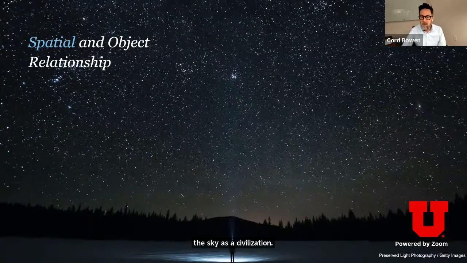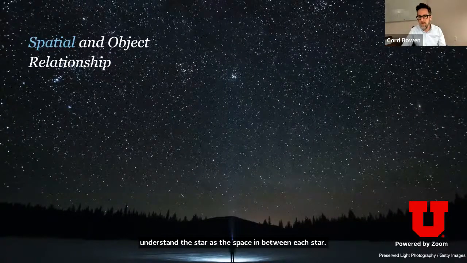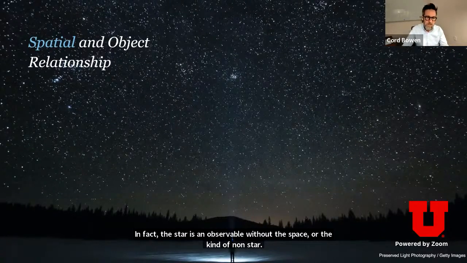But what I always argue to students is, as designers, I think that we have to be more spatial than the star. That the way to frame your role in society is to not so much understand the star as the space in between each star. In fact, the star is inobservable without the space, or the kind of non-star, right? With the non-star, with the space in between, we can actually see the shape of things. We can look at that.